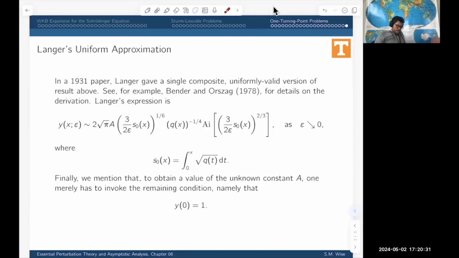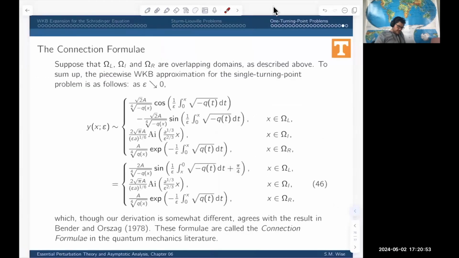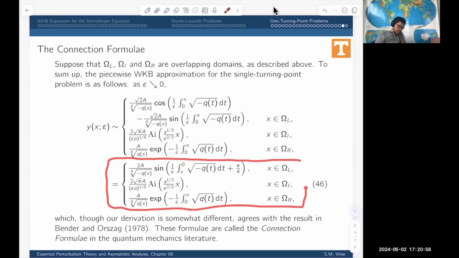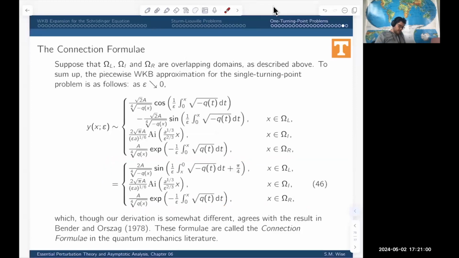So what remains? The only thing that remains is how do you get rid of this parameter a? Well, we have this final normalization condition, y of 0 equals 1, and that you can use to get rid of a. But we're not going to do that because, in fact, these connection formulas are going to be quite useful to us in the later section where we discuss two turning point problems, and we're going to need that free parameter a in there.